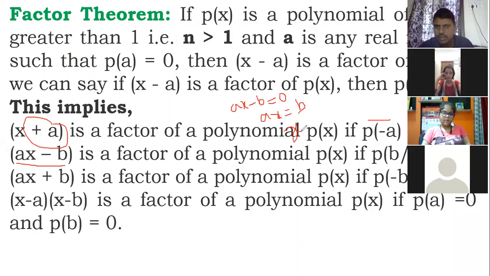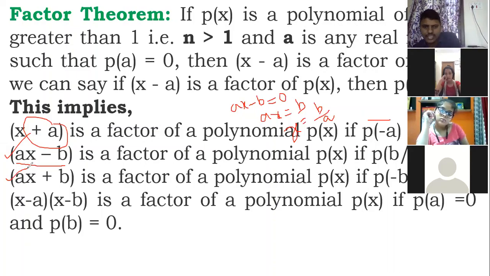X is equal to B by A. Very good. So that time you have to substitute B by A. So in the factor theorem the answer should only be 0. If the answer is 0, you will say this number is a factor. Two things: if it is a factor, the answer will be 0. If the answer is 0, it is a factor.